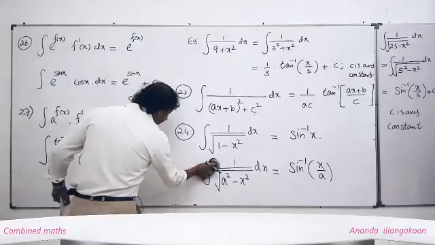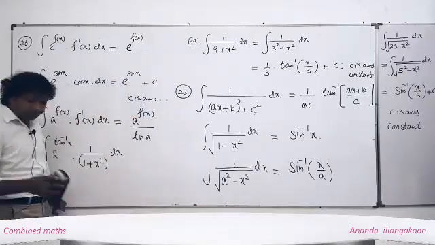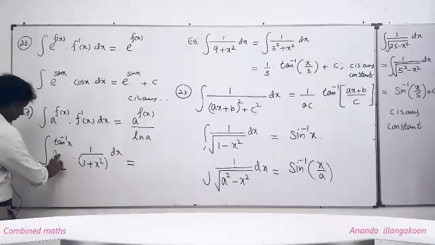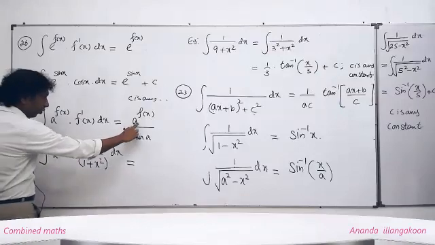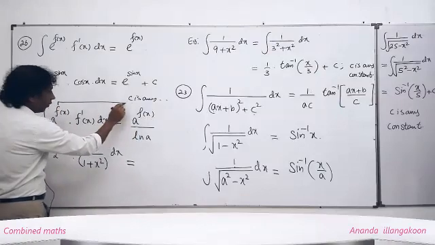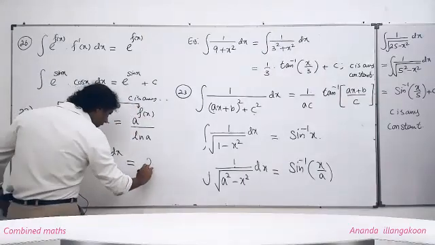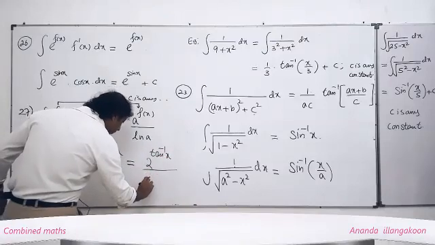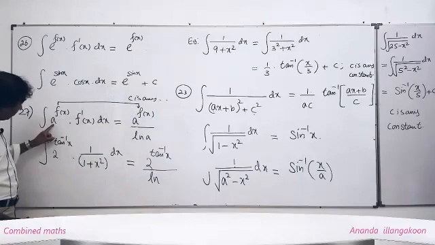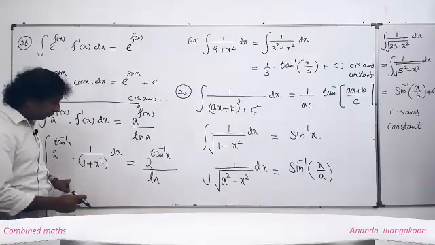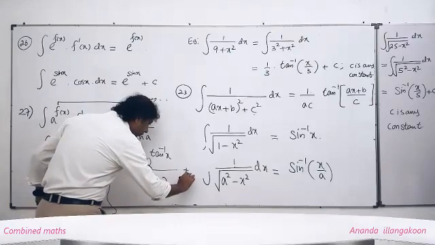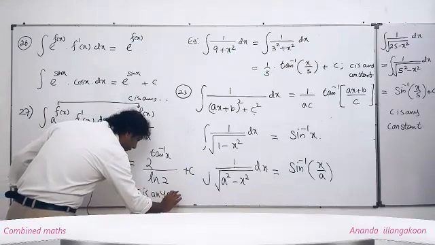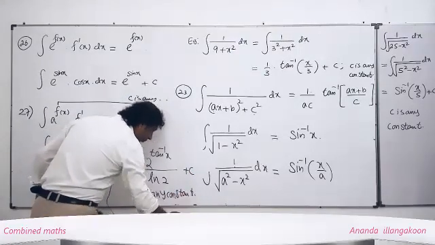Then we can apply this result there. What is the result, people? The same thing is coming: 2 to the power tan inverse x, here a to the power f(x), divided by, people, ln a. Ln a means this, no? Here ln 2. Plus c. C is any constant.